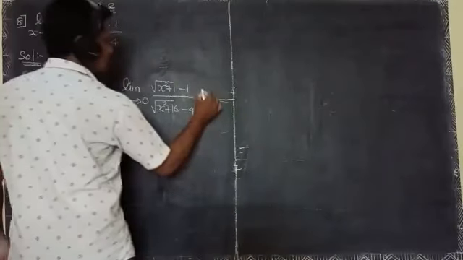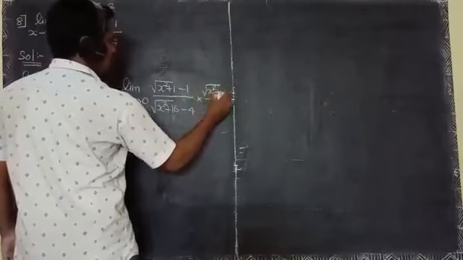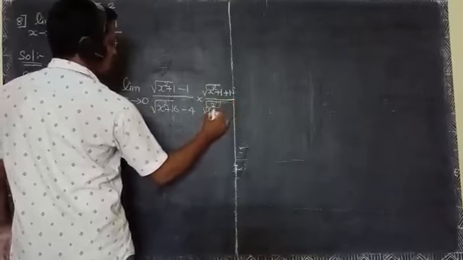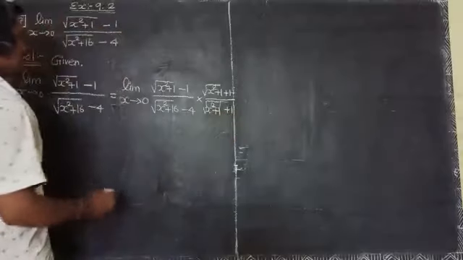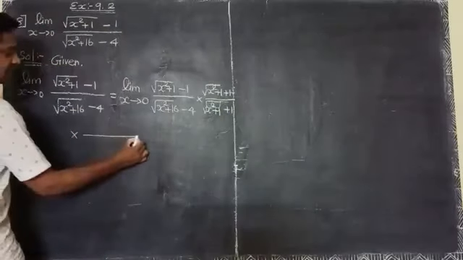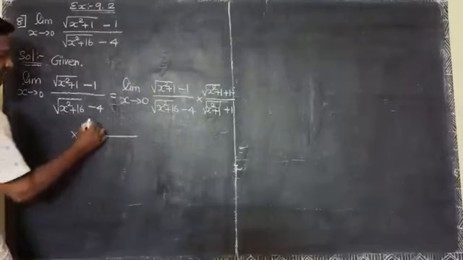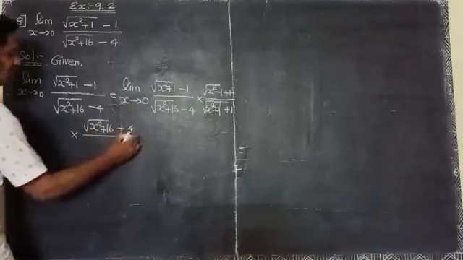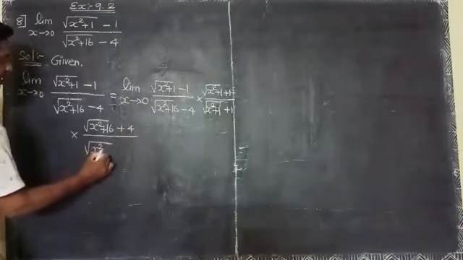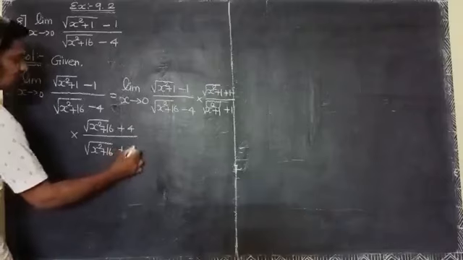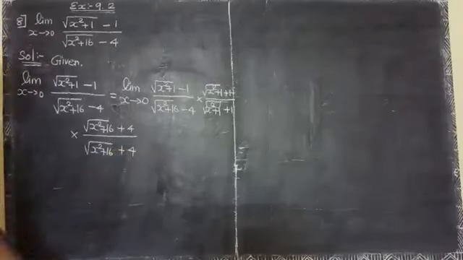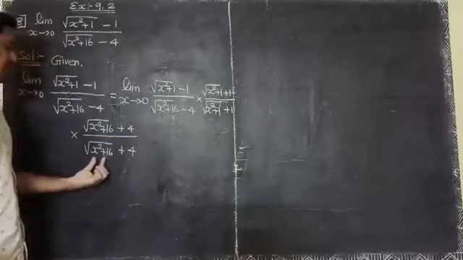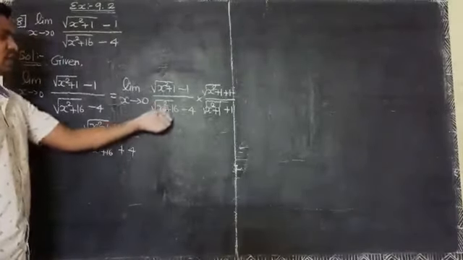Numerator is square root of x² + 1 minus 1, divided by square root of x² + 1 plus 1, multiplied by the conjugate of the denominator, square root of x² + 16 plus 4, divided by square root of x² + 16 plus 4. Here, simplified, the form (a minus b) into (a plus b) can be written as a² minus b².